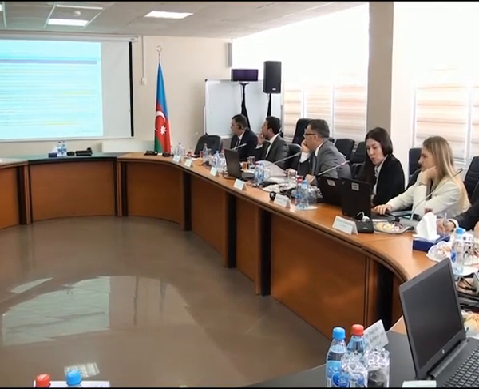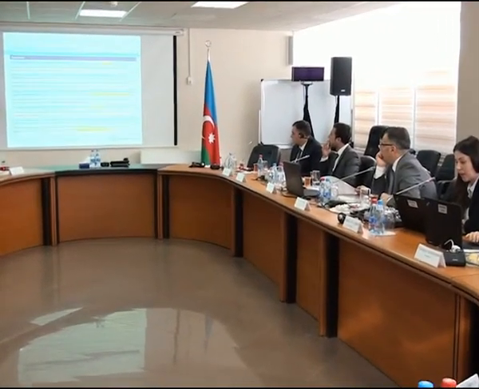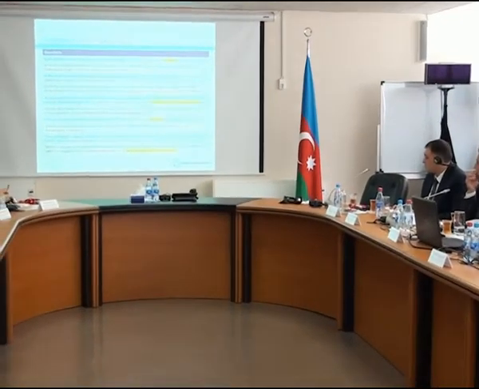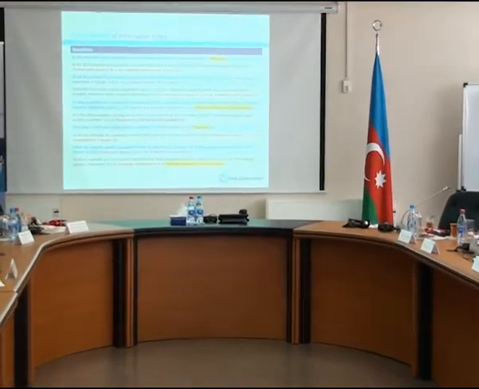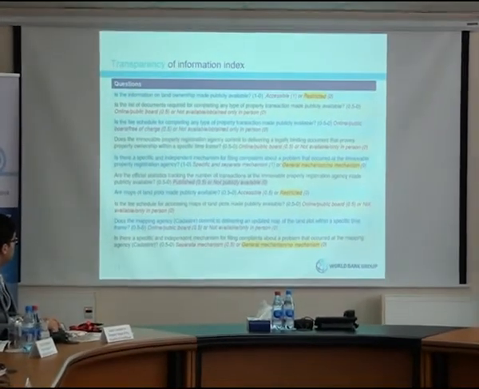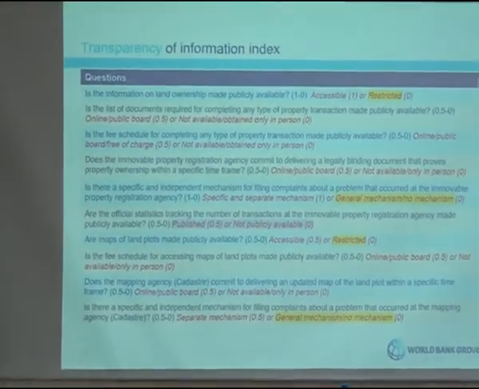Then we have the question about having a specific and independent mechanism to file complaints at the Immovable Property Registration Agency. And we have the same question at the end about filing complaints at the mapping agency. So here it's important to look at two aspects on these questions.